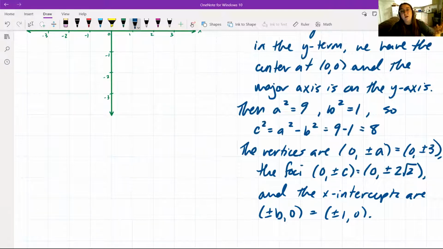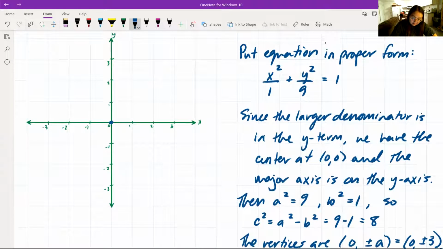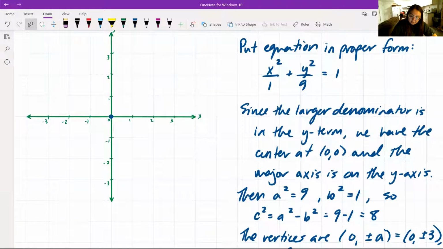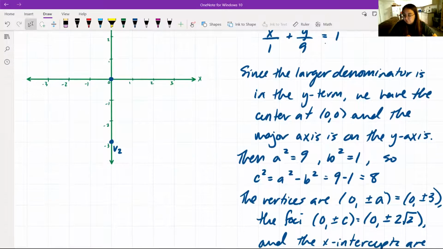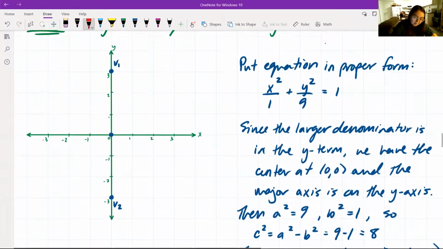So let's go ahead and plot all those points. Our center is at 0, 0. It's at our origin. Our vertices are going to be at 0, 3, and 0, negative 3. So here's V1, V2. Our foci are going to be at 0, 2 square root of 2, and 0, negative 2 square root of 2.